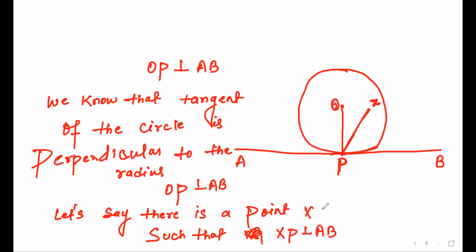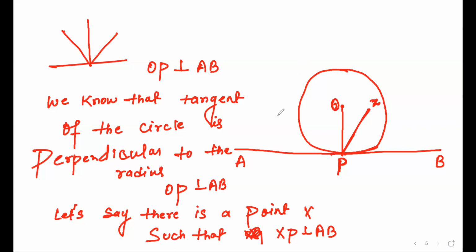Now, is it possible that on a straight line we have two perpendiculars, like this is a perpendicular, that is also a perpendicular? It can't happen, right? Only one line can be the perpendicular. Here we are saying OP is a perpendicular by one of the theorems, but we are taking by ourselves that XP is also the perpendicular, which is not possible at all. On one straight line, from a point, you can drop only one perpendicular.